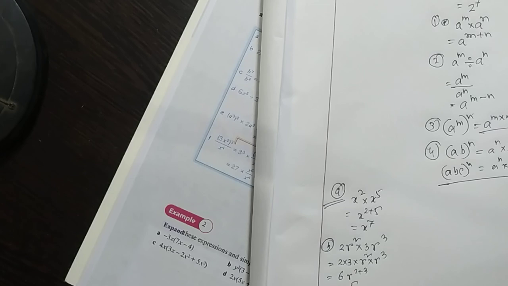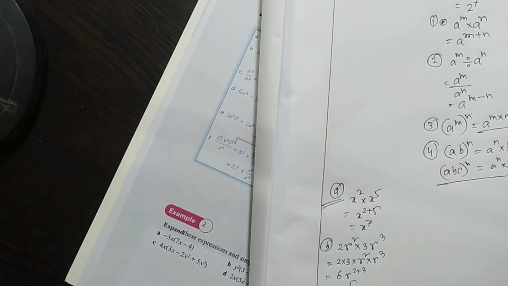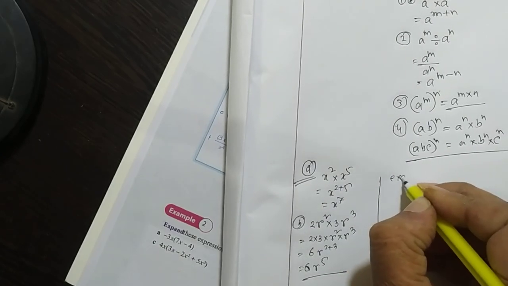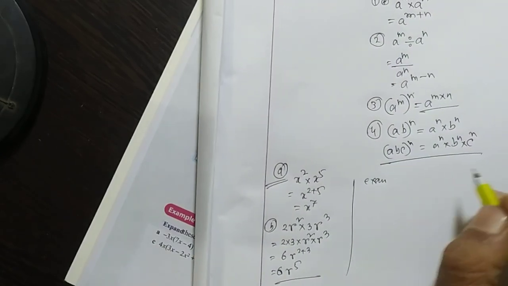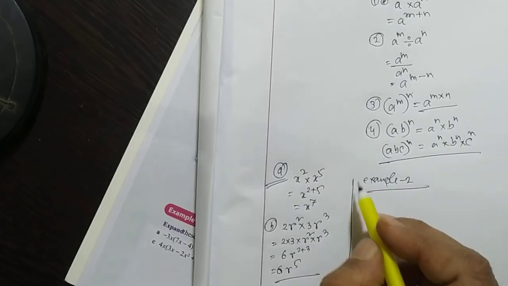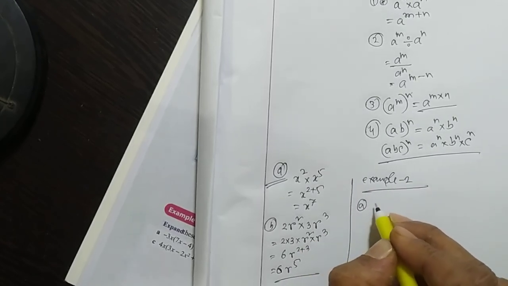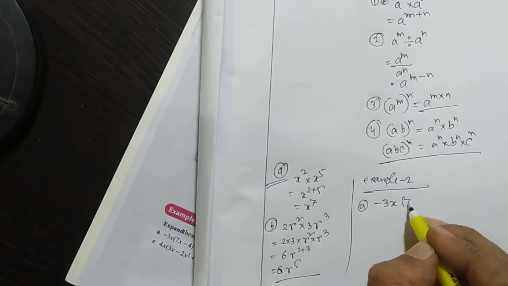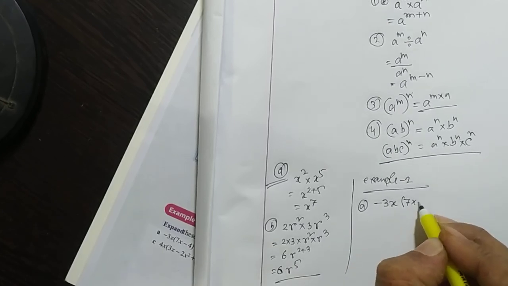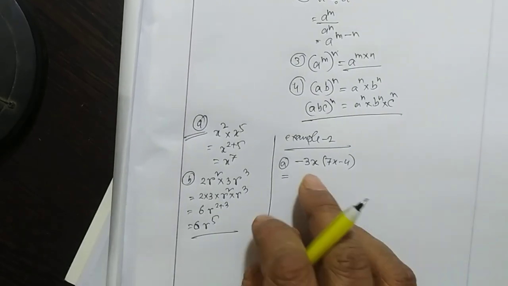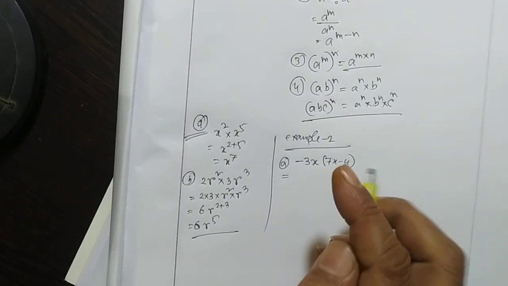Now go directly to example 2. Here first math is minus 3x, first bracket x minus 4. Here we have to use distributive law.